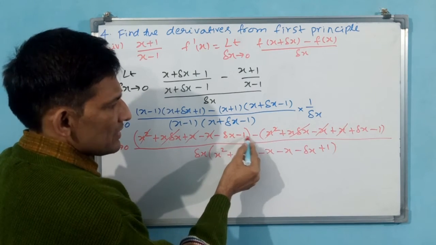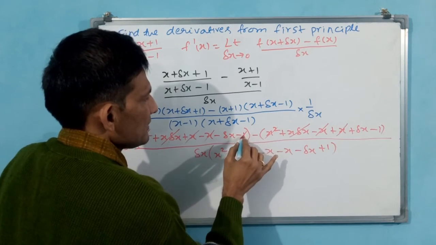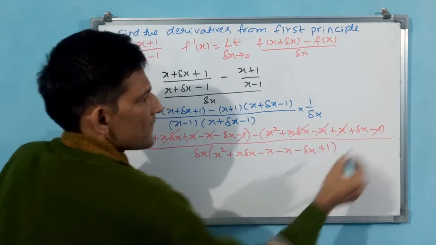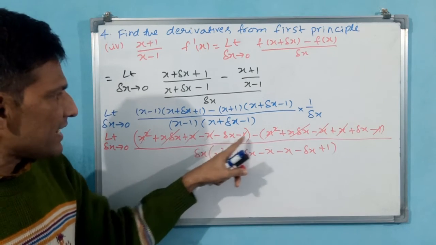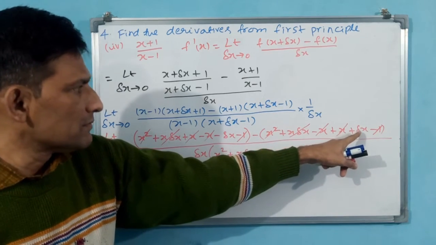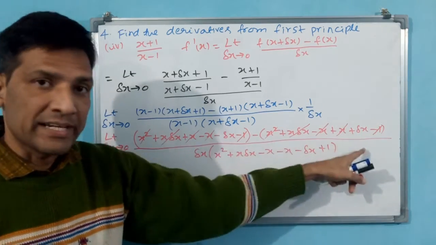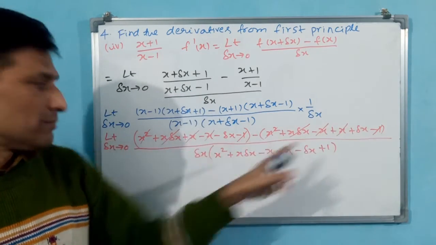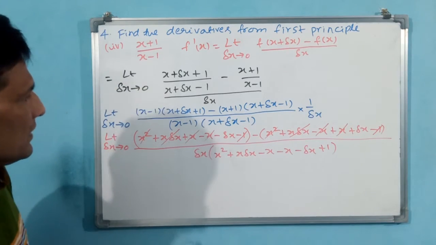Okay, minus 1, minus of minus 1 plus 1. Minus 1 plus 1 are going to get cancelled. Okay. You see here only minus delta x minus delta x. Minus 2 delta x is going to come. Down delta x is there. We will cancel afterwards.